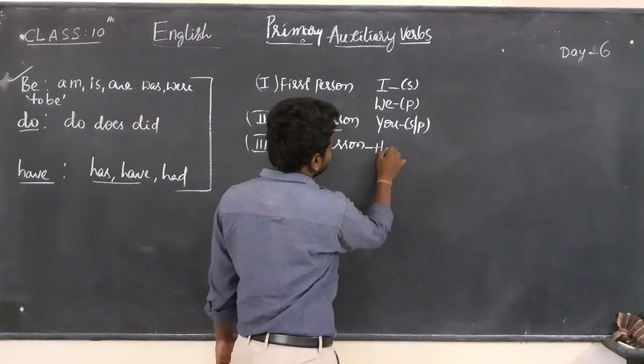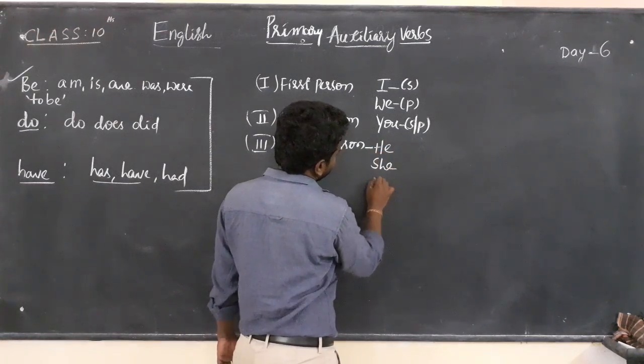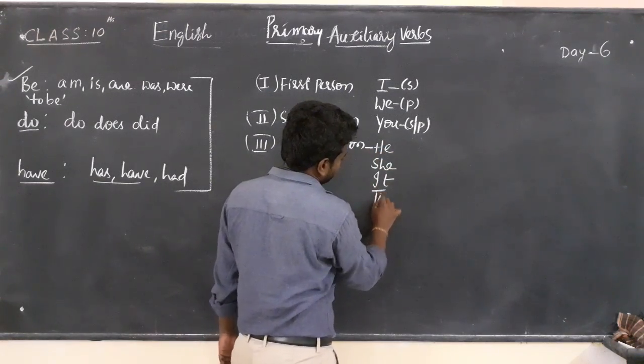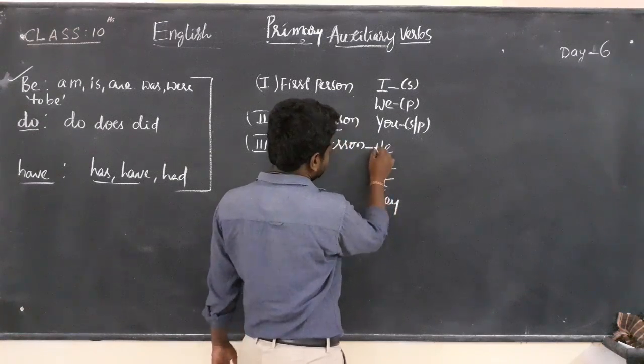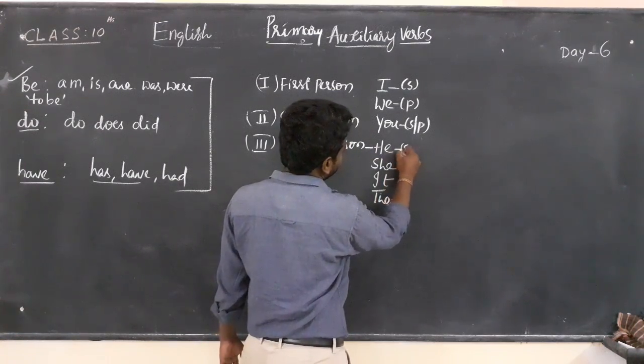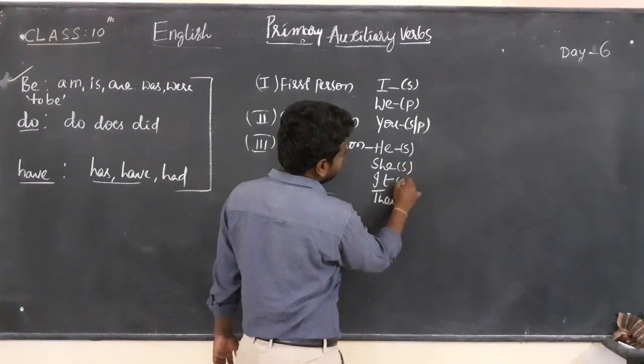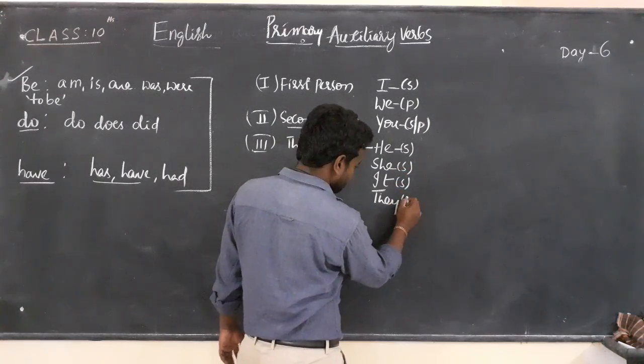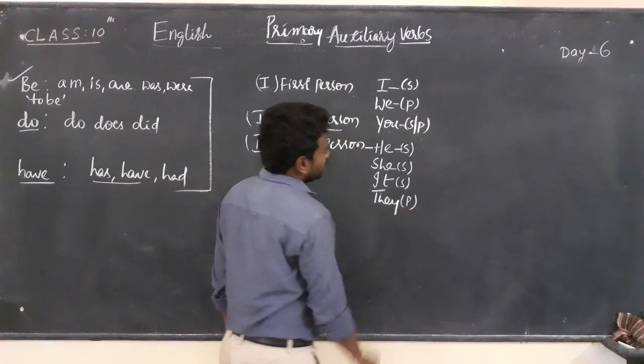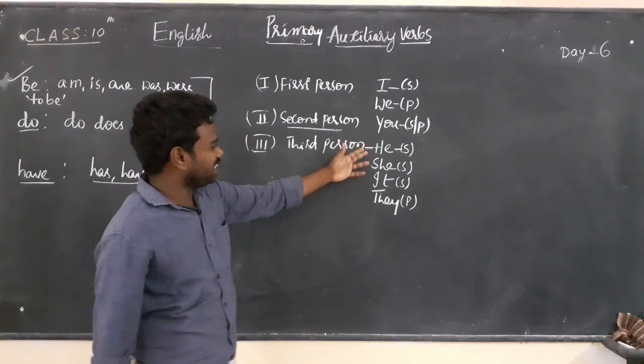Third person: he, she, it, they. He is singular, she is singular, it is singular, they is plural. So third person singular is he, she, it.